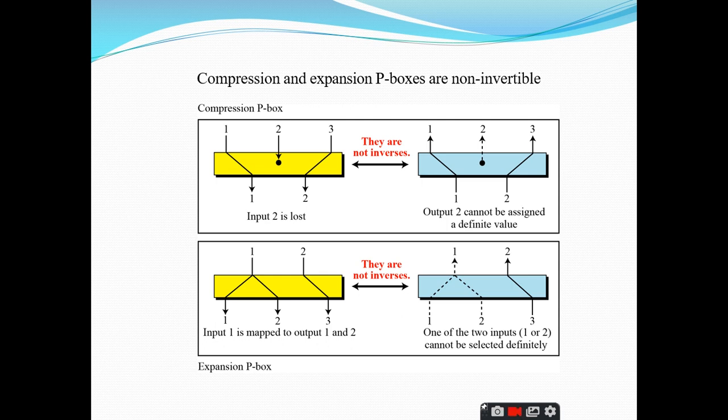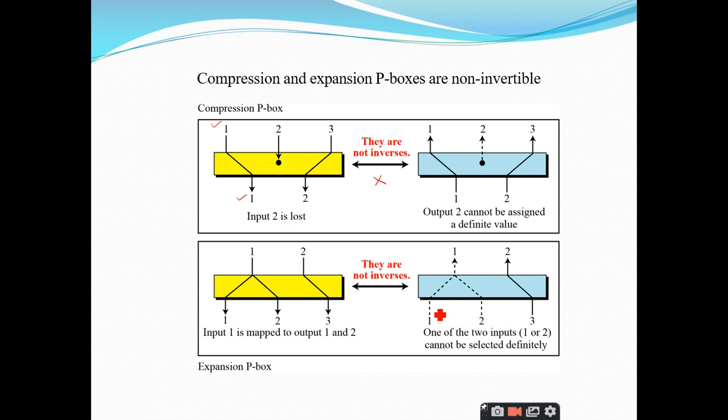Yes, sir. Now if you consider the compression P box and the expansion P box. In the compression P box we have 3 inputs and 2 outputs. So when you invert this one, this will not work. These two things are not the inverses of each other. Similarly in the expansion P box we have 2 inputs and 3 outputs like this.